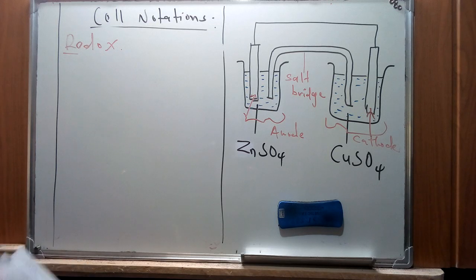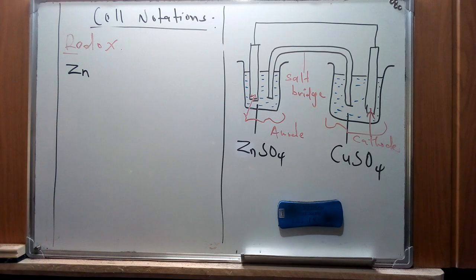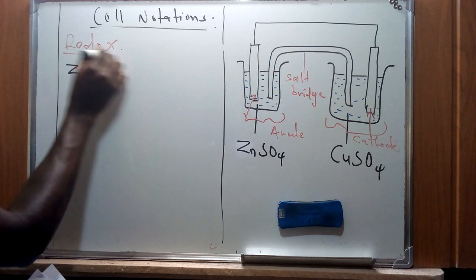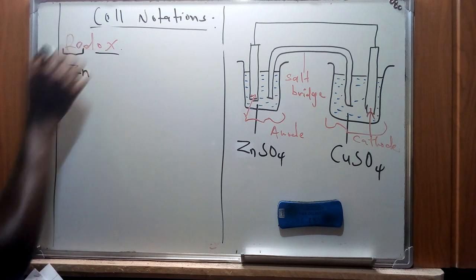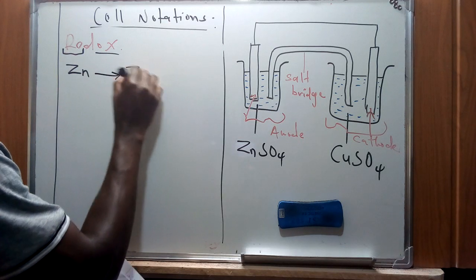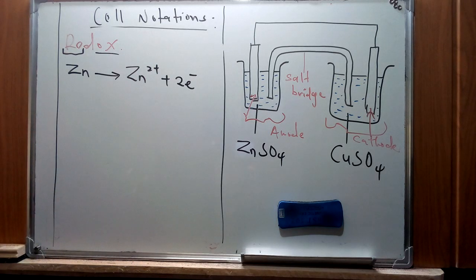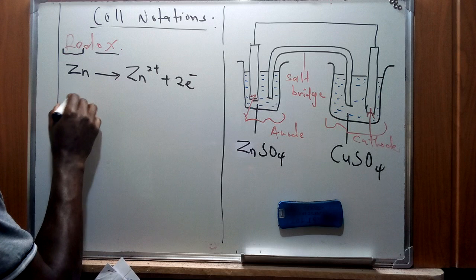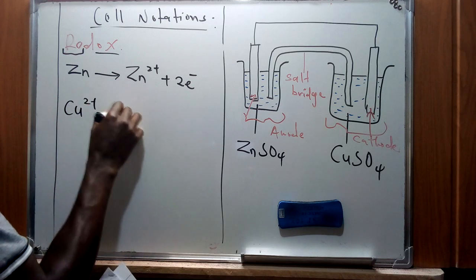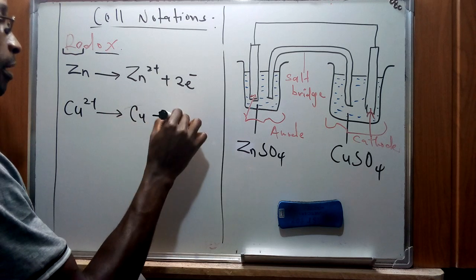Now for the reaction, we're going to see that zinc comes first in the reactivity series of metals compared to copper. Therefore, zinc is going to be oxidized while copper is going to be reduced. So in this case, we're going to write a demonstration for that reaction, whereby zinc forms zinc ions by loss of 2 electrons, and then copper ions are reduced to copper by gaining 2 electrons.